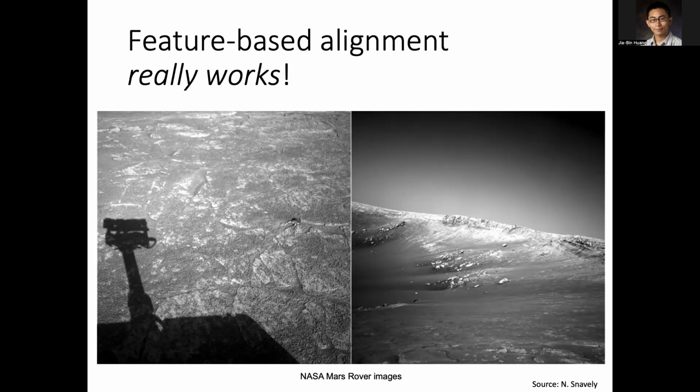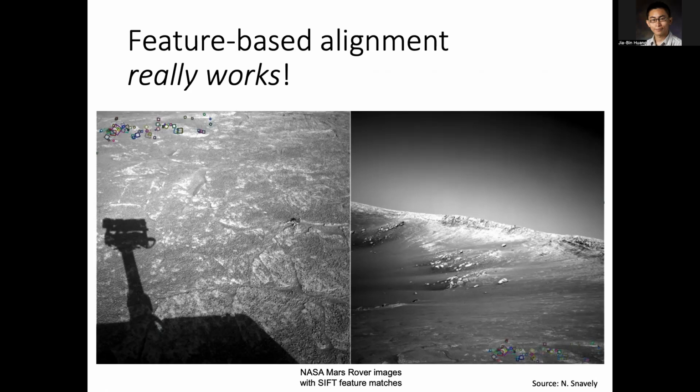But they have some correspondence. How do you find the correspondence? The top left of the first image. Okay, so I can visualize this by showing the SIFT features. It looks like this.